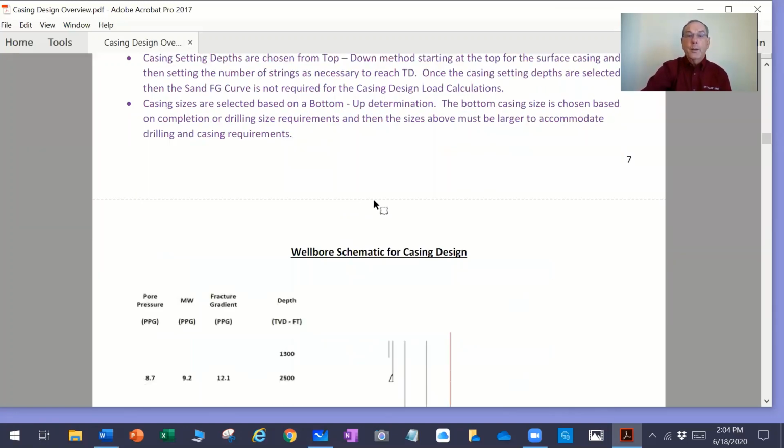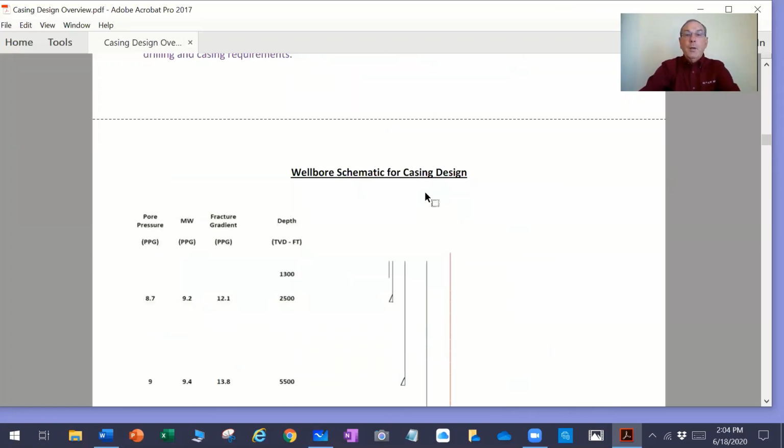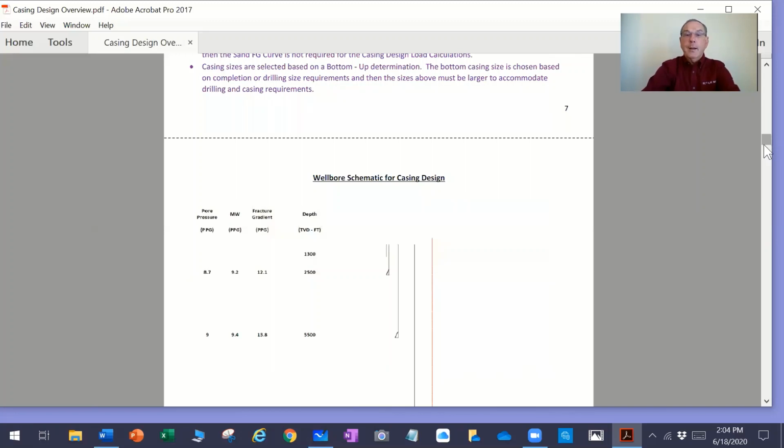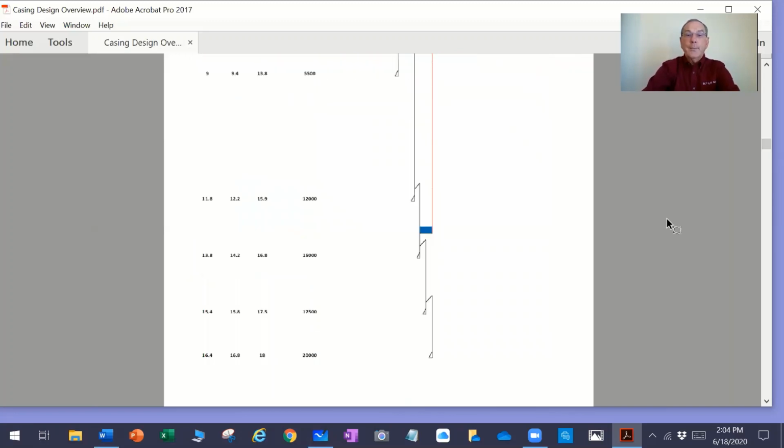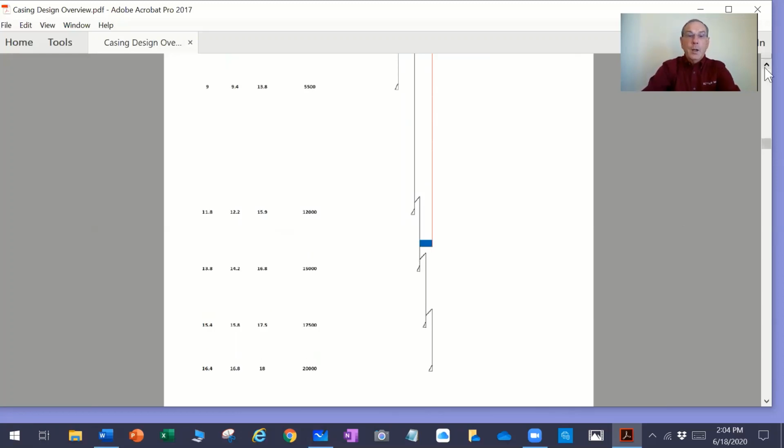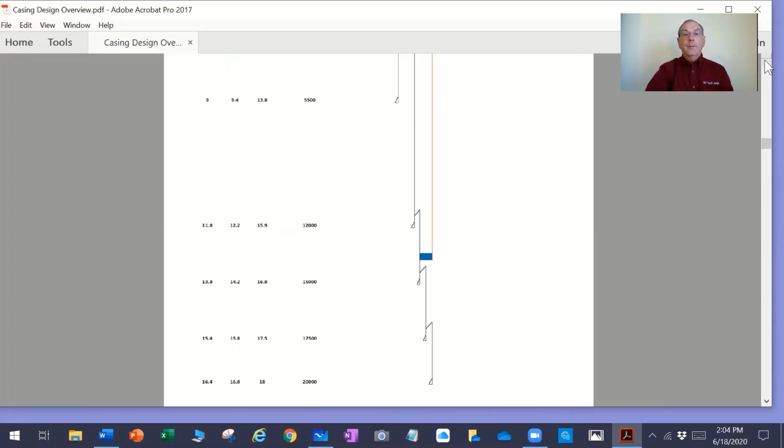So ultimately, we want to end up with a schematic once we've chosen casing setting depths, and we put all of our information on our schematic with our pore pressures, our mud weight, our fracture pressures, which are shale fracture pressures, and our TVD depths.